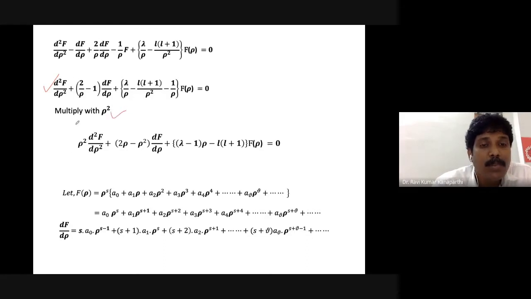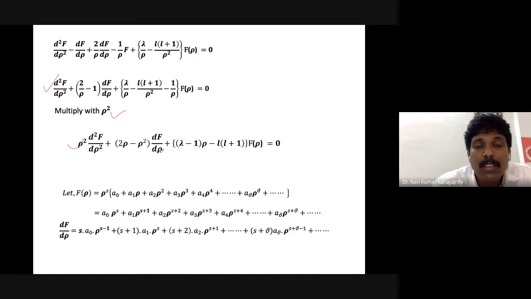Okay, just multiply with rho square, and this becomes rho square d square f upon d rho square plus, here already 2 by rho is there, so multiplying with rho square, it becomes (2 rho minus rho square) df upon d rho. Okay, 1 into rho square, rho square itself.